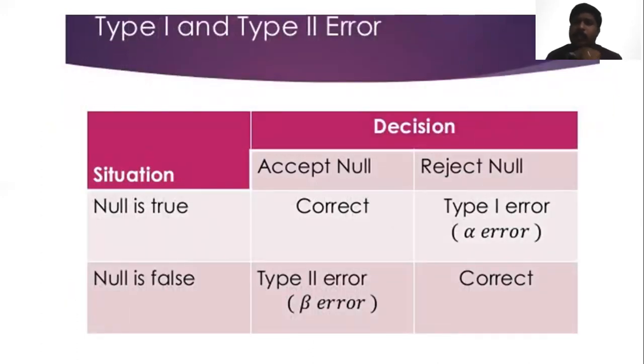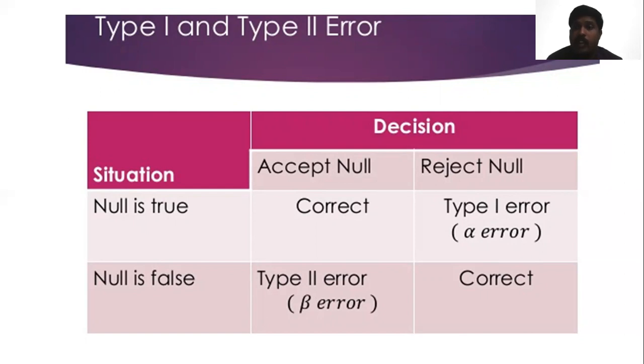So when we are testing the hypothesis, there must be some chances for errors. There are two types of error, type 1 and type 2 error. Consider these situations. When your null hypothesis is true, there are two options: either you accept the null hypothesis or you reject it.